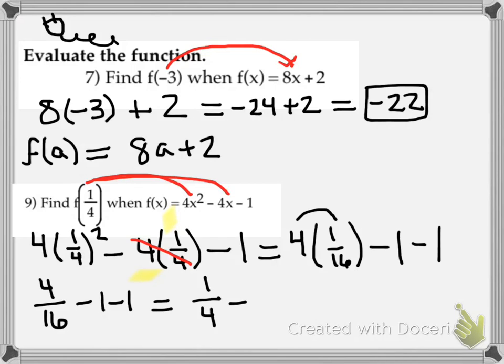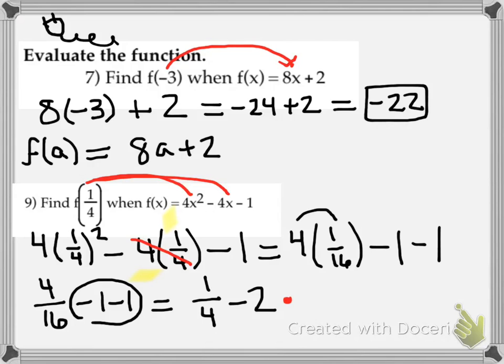1/4 minus, and in this case, right here, what do I have? Negative 2. 1/4 minus 2. Okay. Well, that's fairly straightforward now. 2, I can represent as a fraction.